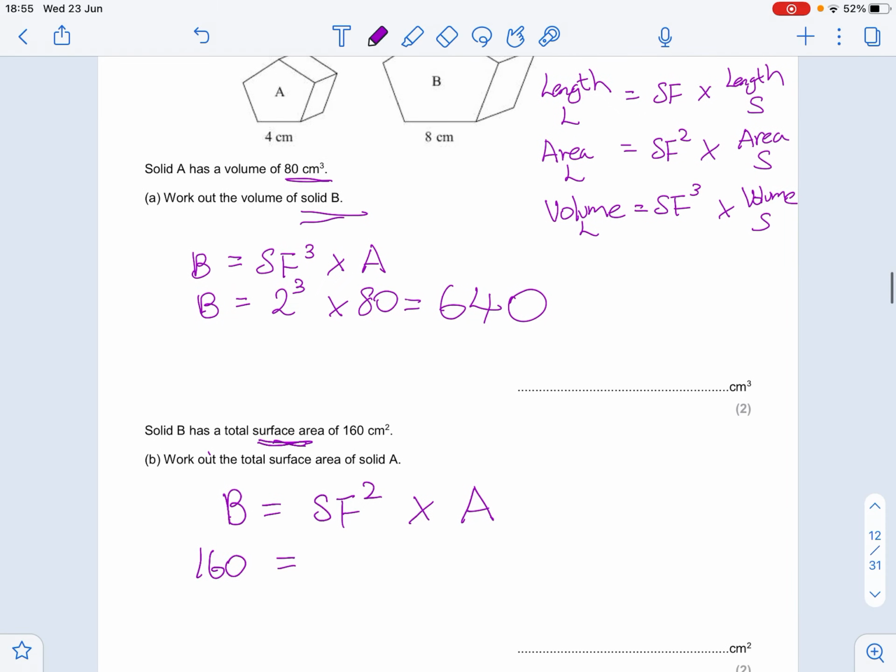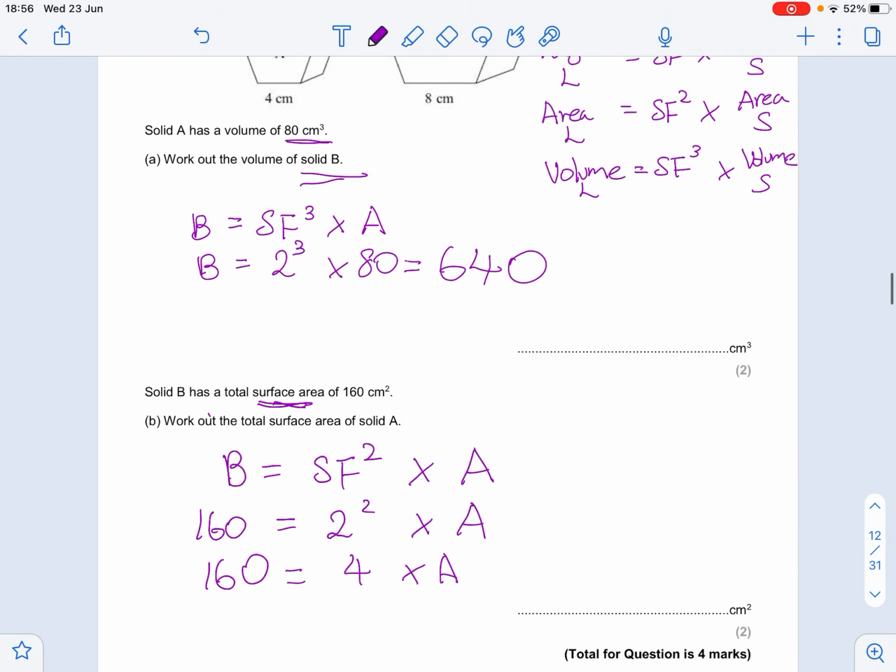Scale factor is 2, so it's 2 squared multiplied by the area of the smaller shape. So we're just working it backward. So 160 equals 2 squared, which is 4, times A. So 4 times A is 160. Therefore, A must equal 40. So the surface area of A is 40.